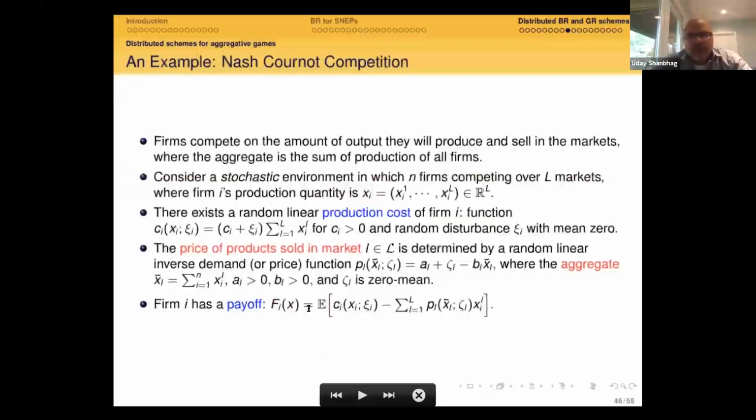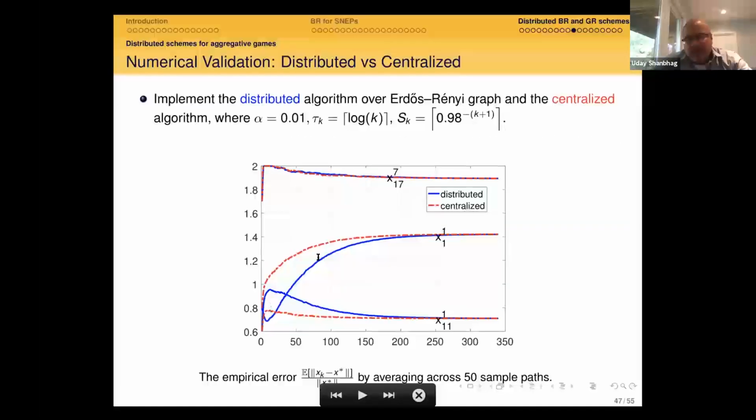So this is for a Nash-Cournot equilibrium problem where we're looking at an Erdős-Rényi graph. If you compare distributed with centralized, the blue is distributed and the red is centralized, you can see some decay in the empirical behavior, but it's not particularly bad.